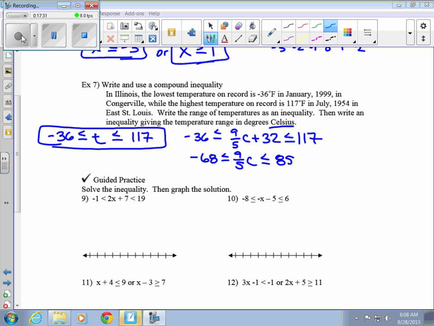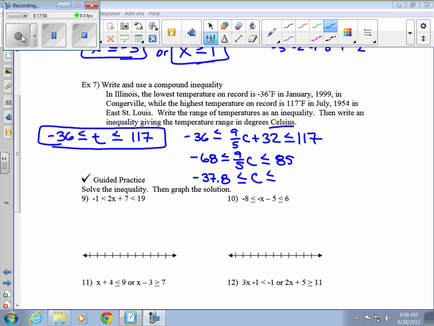And now we're going to multiply by the reciprocal. We have 9/5, so we're going to multiply by 5/9. And so if we do that, we're going to get approximately negative 37.8 for the Celsius at the low end.